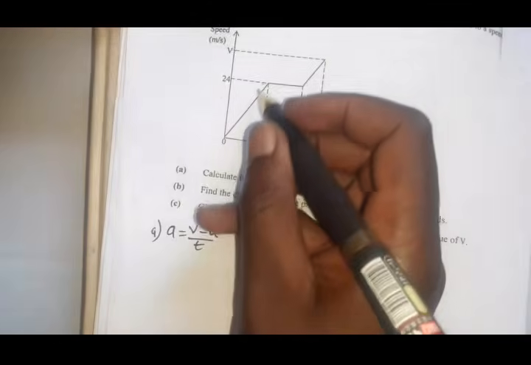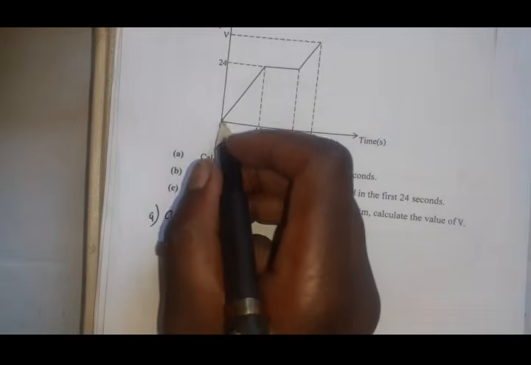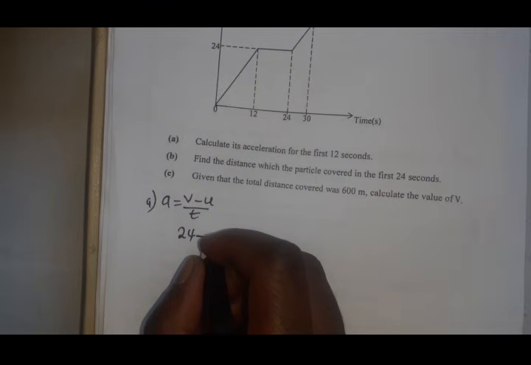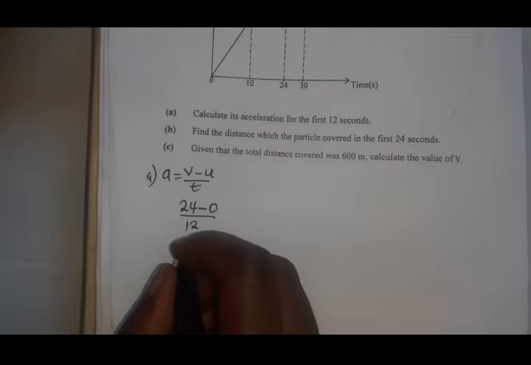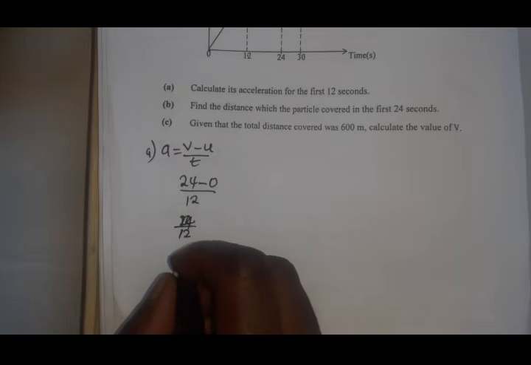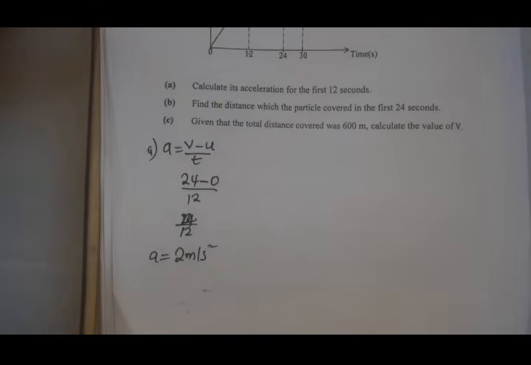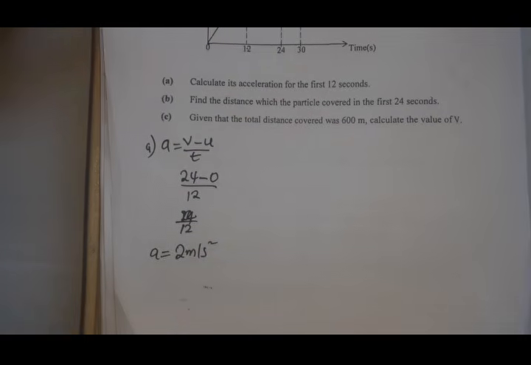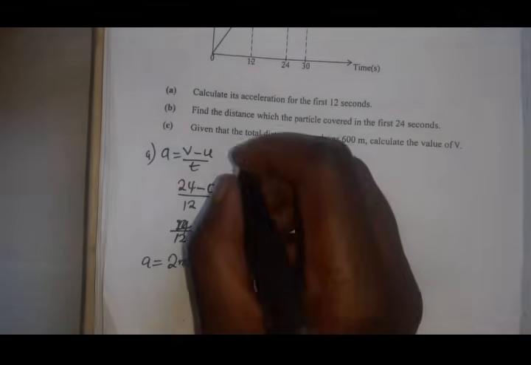The final velocity here is 24 minus the initial point, which was 0, over the time taken, which is 12. So we get 24 over 12, and this gives us meters per second squared. This is our acceleration. Then we come to B.